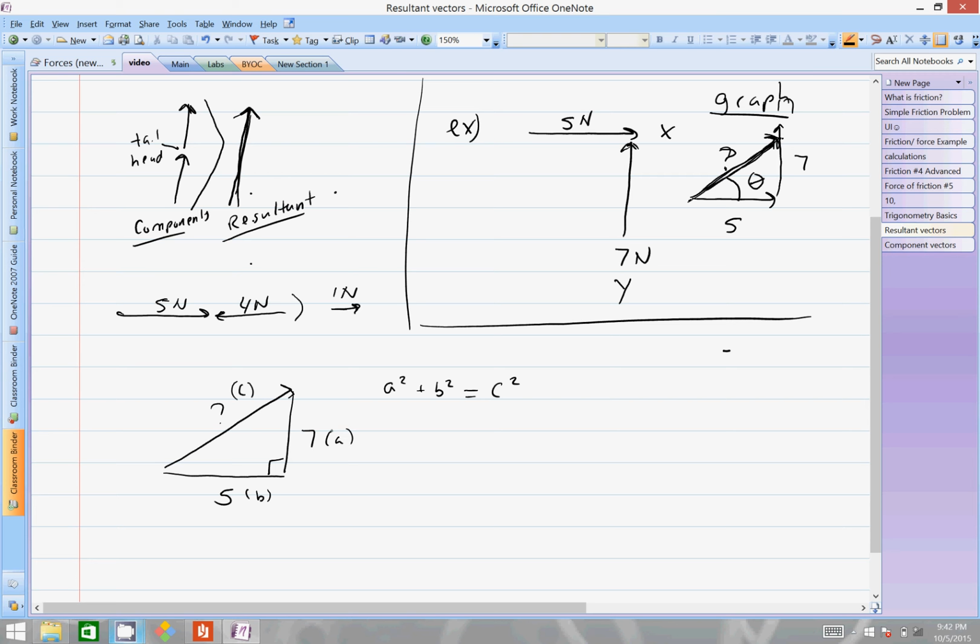So a squared is 7 times 7, which is 49, plus the b component, 5 squared, which is 25, equals my c component squared. I don't know the actual answer yet, but to get rid of this square, I have to square root both sides. So c equals the square root of 49 plus 25.